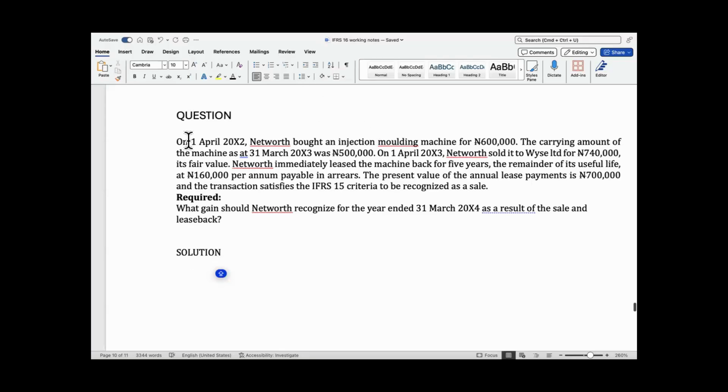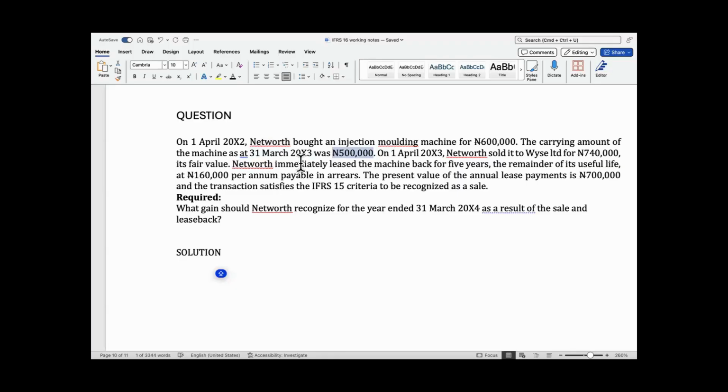So question, it says on 1st April 2002, Net worth bought an injection molding machine for 600,000. The carrying amount of the machine as at 31st March 2003 was 500,000. On 1st April 2003, net worth sold it to Wise for 740,000, its fair value.